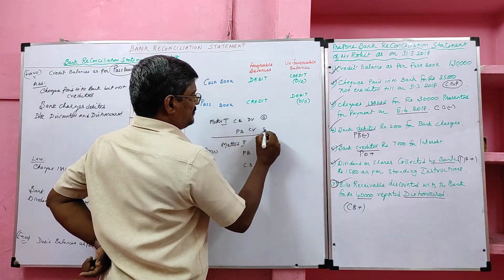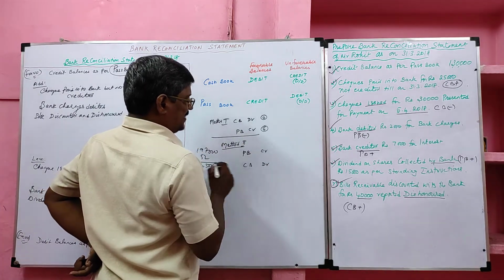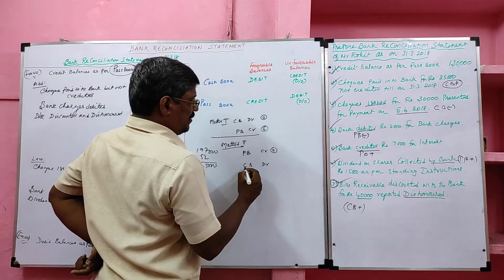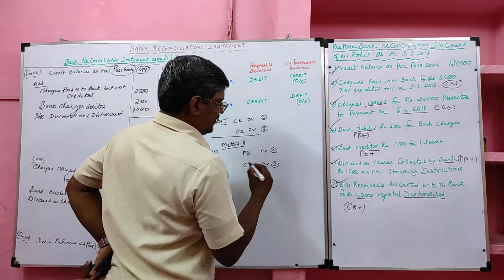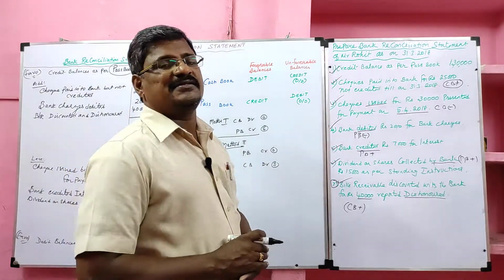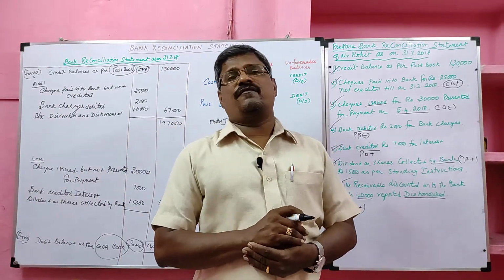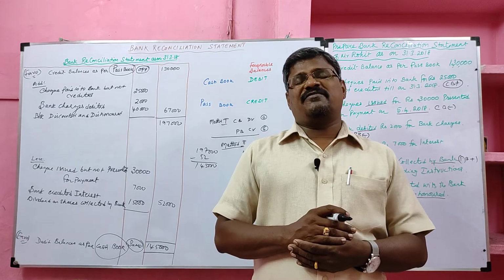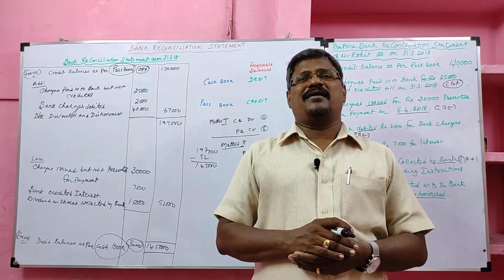For passbook we should give same effect. For second method, passbook balance is given. For that we should give opposite effect. For cash book we should give same effect. Students, in BRS there are 4 methods. Out of 4 methods, till now we completed 2 methods. The remaining 2 methods we will learn in the next class. Till then, bye and thank you.